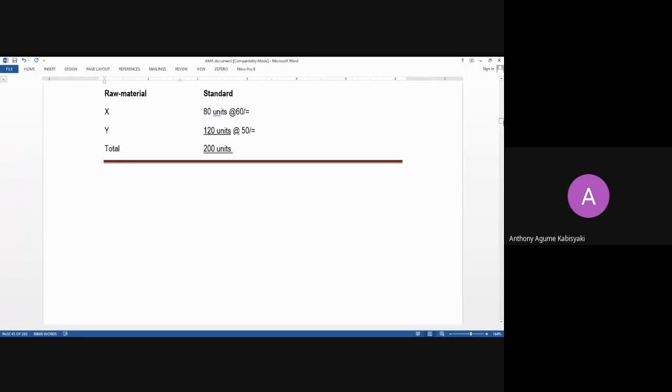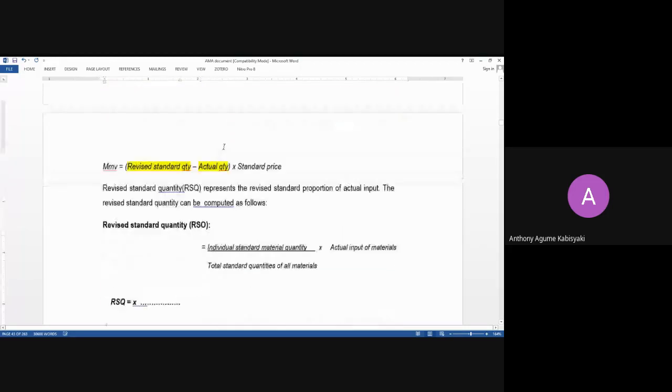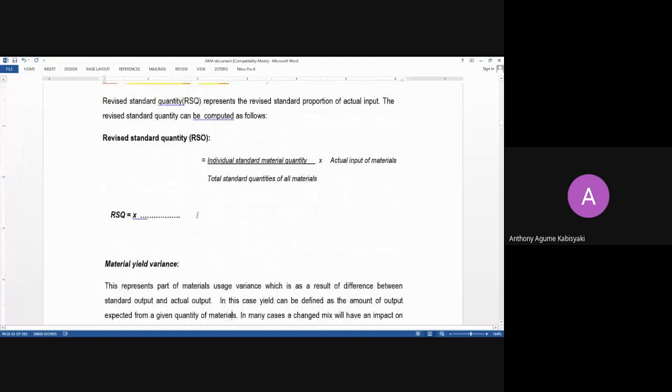For X, I'm having 80 units over 200. 80 divided by 200.